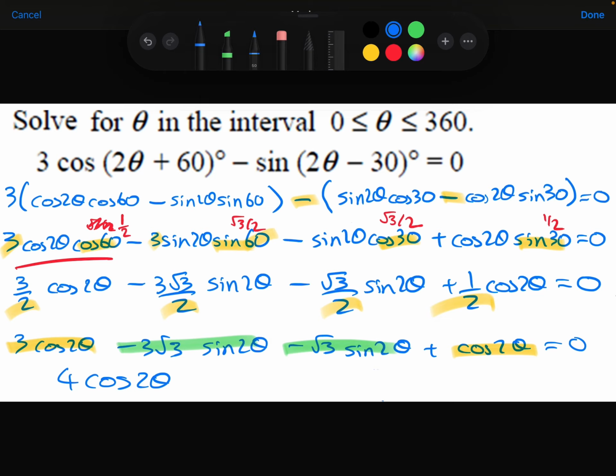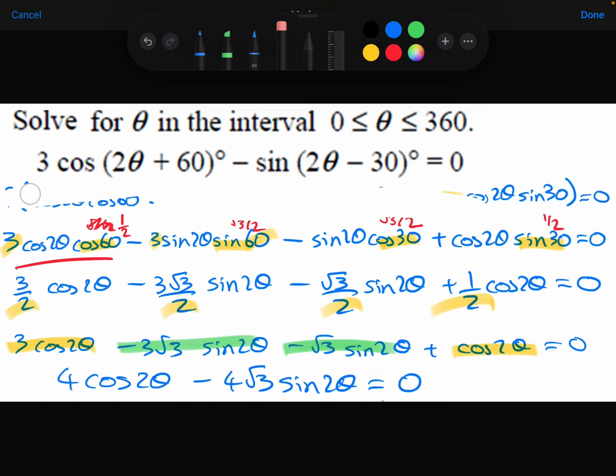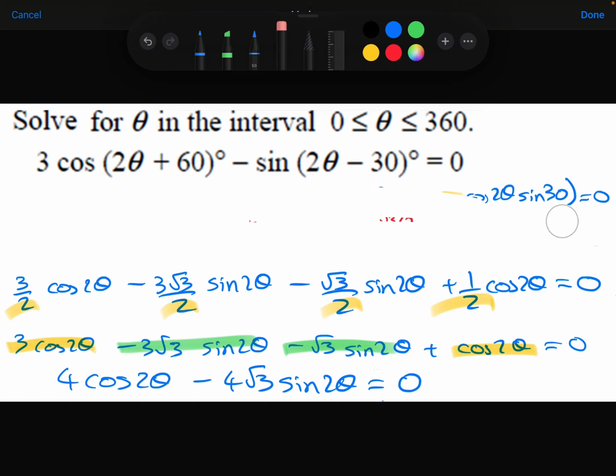So collecting those together would give minus 4 root 3 sin 2θ. Okay, this is looking much simpler now. Let me just create a bit more space and then we'll carry on.